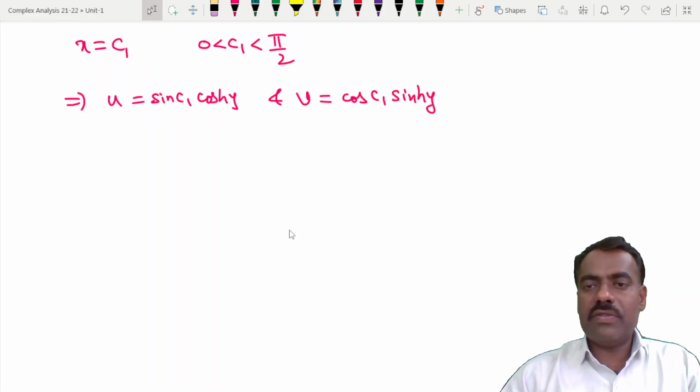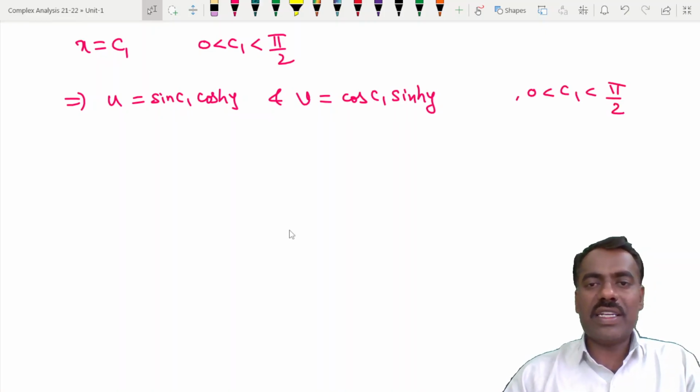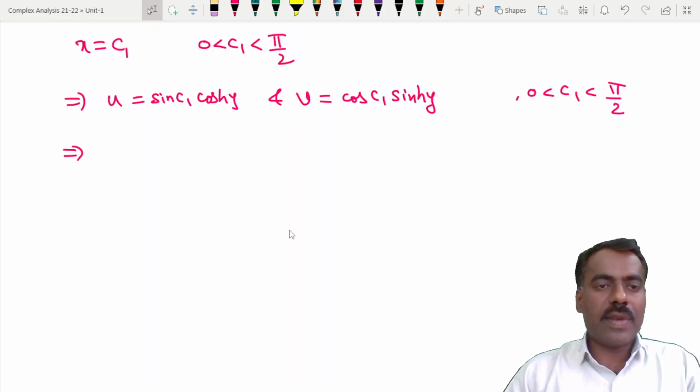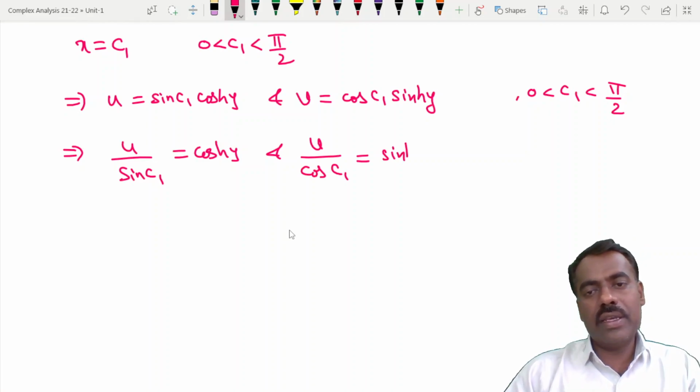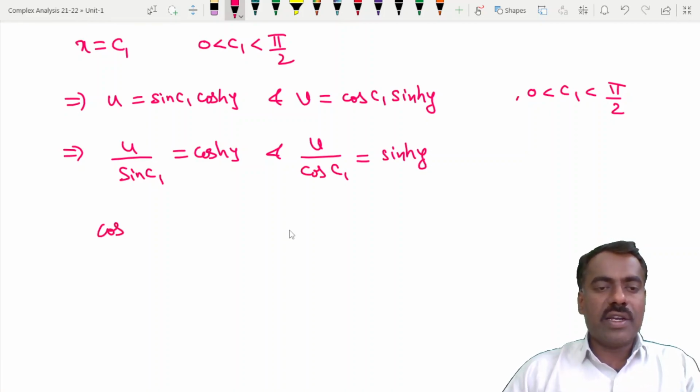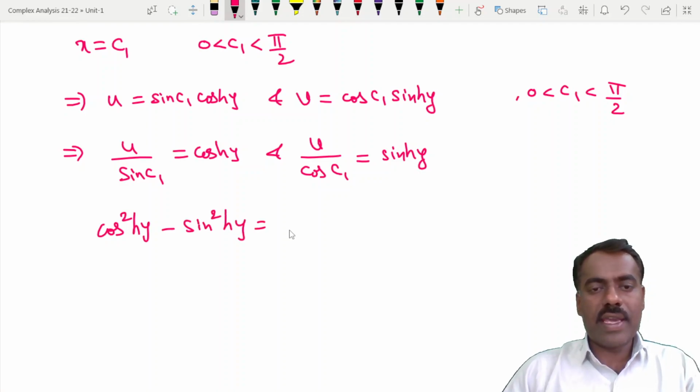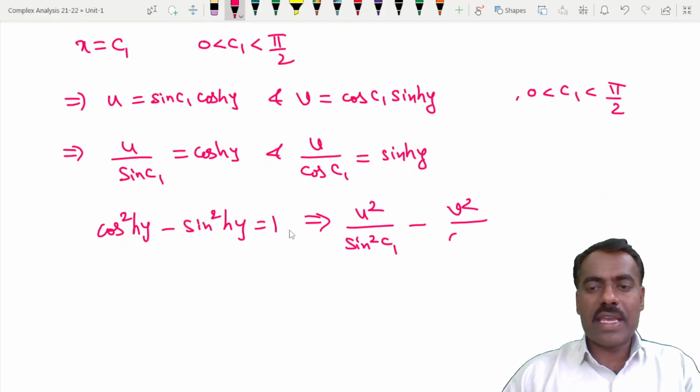Okay, because c1 is between 0 and pi by 2, therefore sin c1 and cos c1 are non-zero. This implies we can divide, u upon sin c1 is the same as cos hy, and v upon cos c1 is sin hy. Okay, by using the identity cos square hy minus sin square hy is equal to 1, what we get is u square by sin square c1 minus v square by cos square c1 is equal to 1.